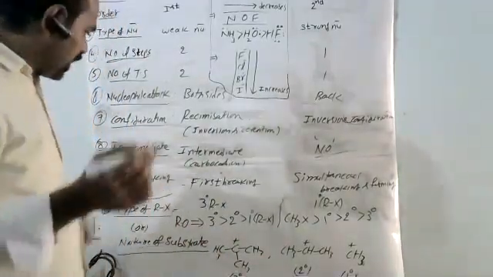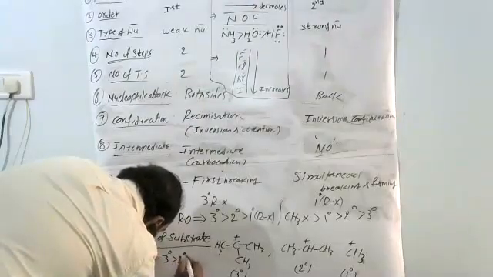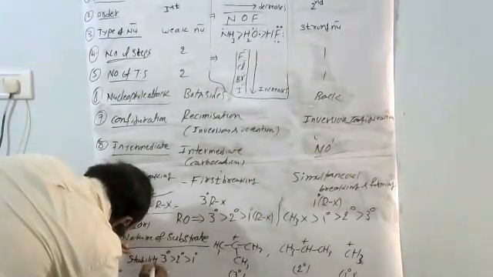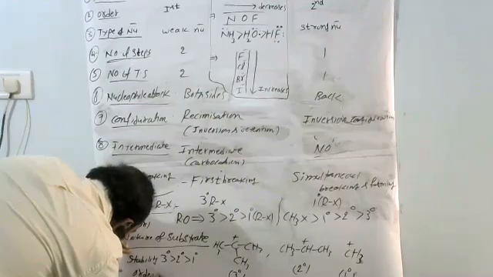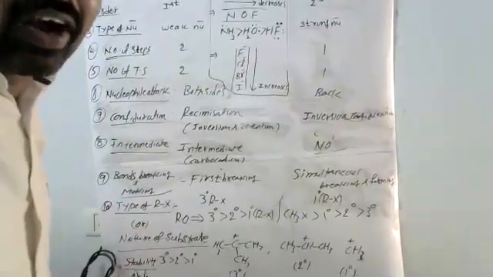So now in such case, 3 degree carbocations are more stable than 2 degree, and that is more stable than 1 degree. It is the stability order. Before class I have given the stability order.